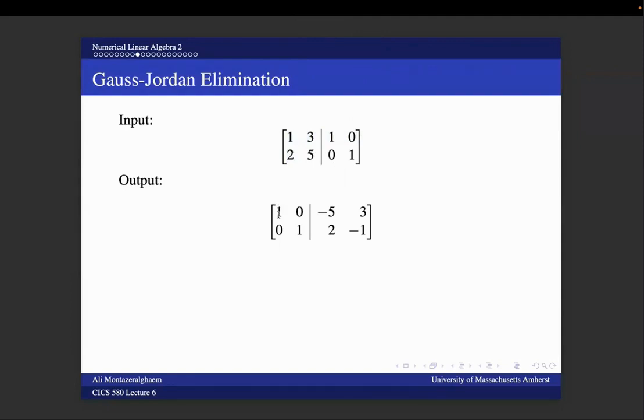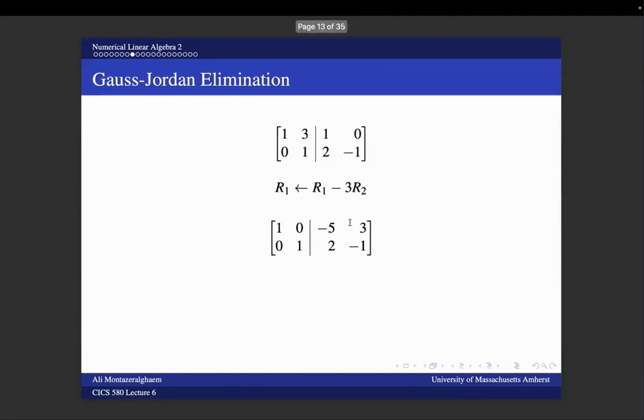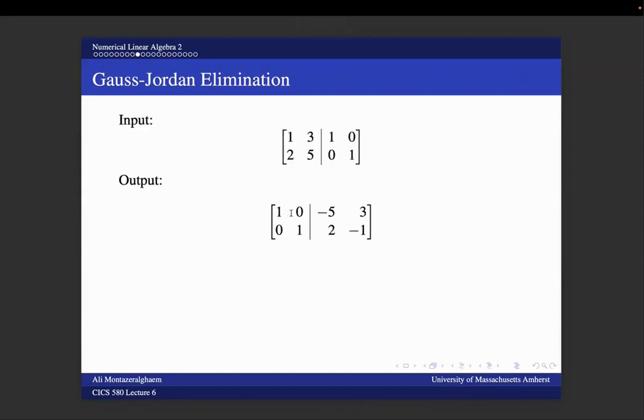And the output is that we have the identity matrix on the left side, and the inverse of the matrix on the right side, right? As I mentioned here. So the output is: on the left side we have the identity matrix, and on the right side we have the inverse of the matrix.